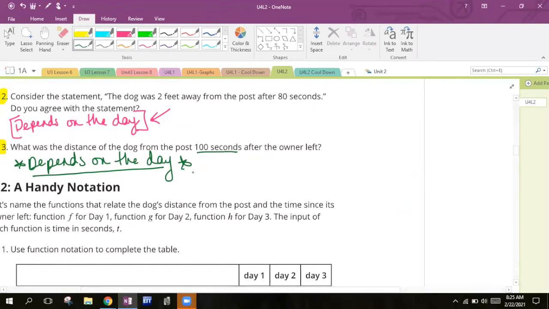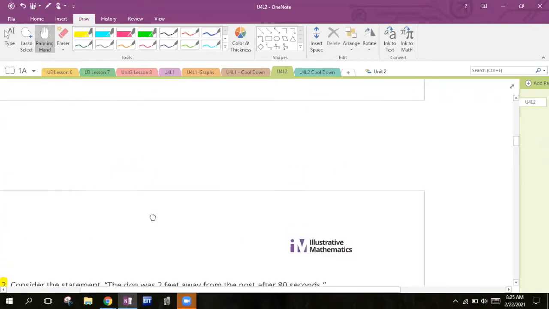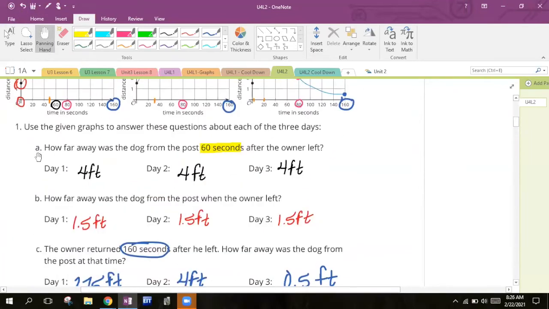All right, so what this activity is wanting you to see is that when we're looking at a lot of data or a lot of information, and they're asking us questions that we're supposed to draw from each graph, there has to be a way to name these graphs and to talk about them without having to use all of these long descriptions like up here.